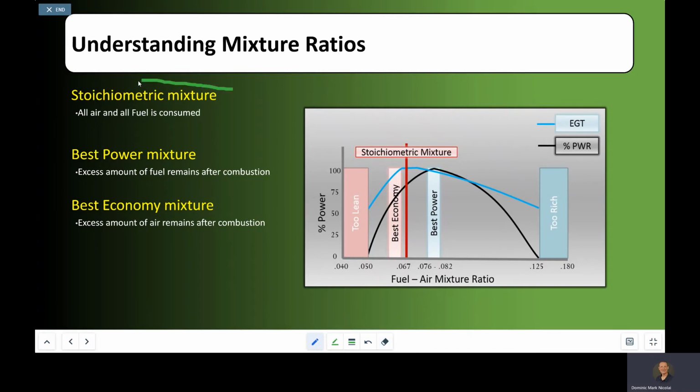First term we'll talk about is stoichiometric mixture setting. And that simply means all air, all fuel is burned out of the cylinder. When you are at full rich on the mixture setting, we are giving the engine too much fuel.